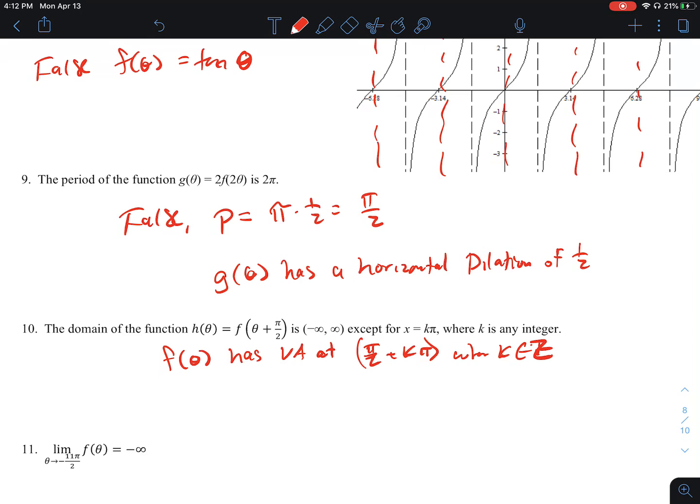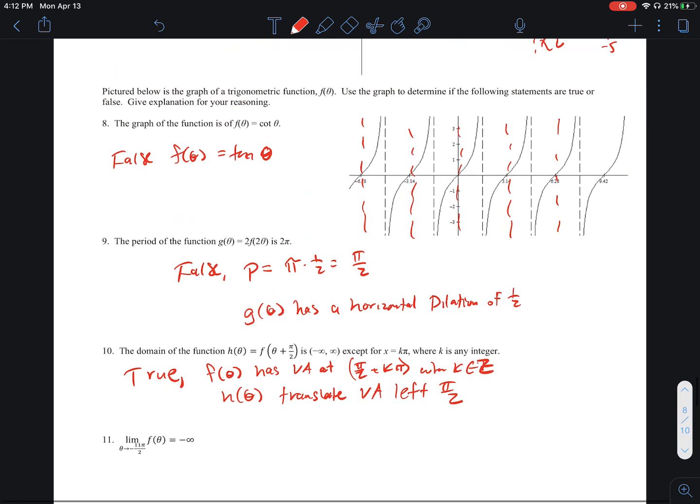If I translate this left pi over 2, which is what this is saying, then that's going to change this to be what it's supposed to be. So first of all, this is true. f of theta has vertical asymptotes at pi over 2 plus k pi, where k is an integer. h of x translates the vertical asymptotes left pi over 2. Good enough.